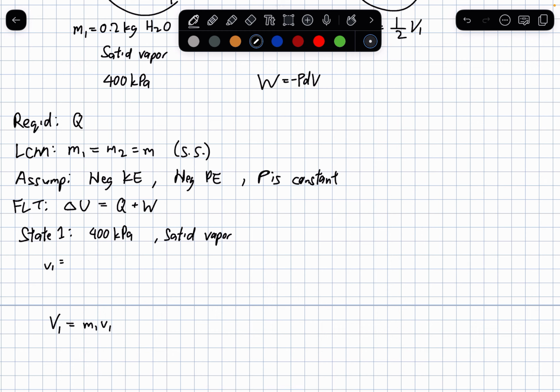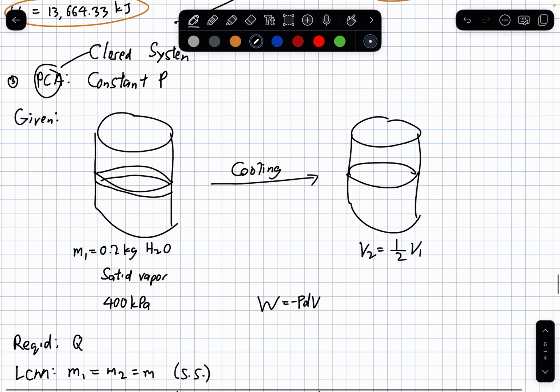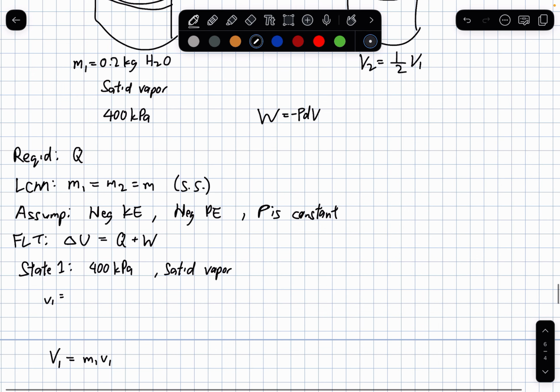Pressure entry 400. This is water, no? The substance. Okay. 400.